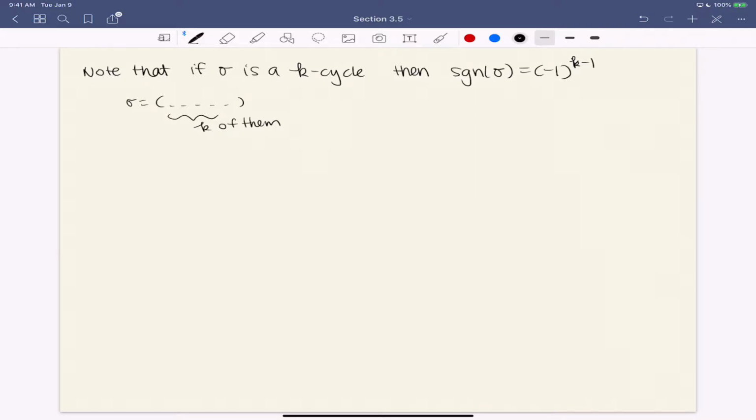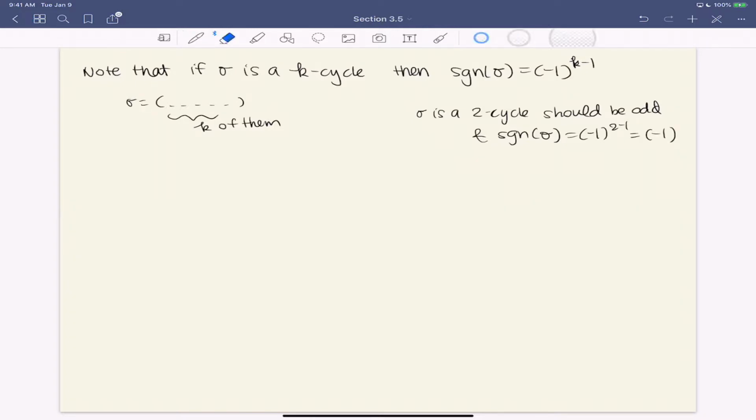Which kind of makes sense. So if sigma is a 2-cycle, it should be odd, right? Because it can be written as one 2-cycle. Indeed, the sign of sigma is (-1)^(2-1), which is just -1.